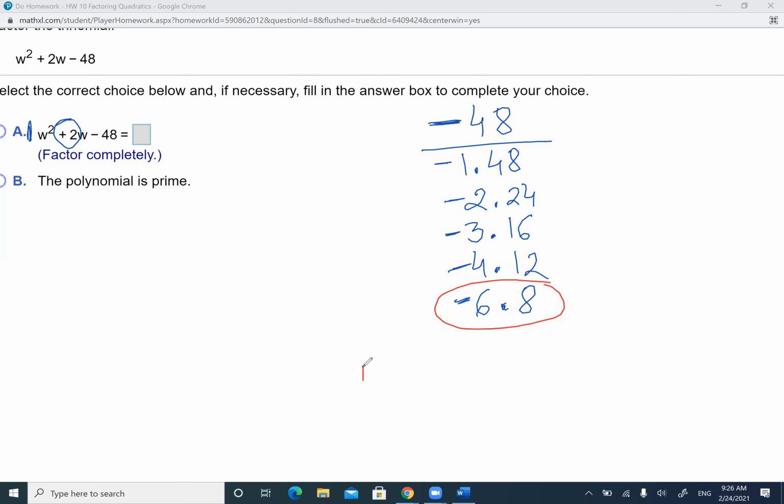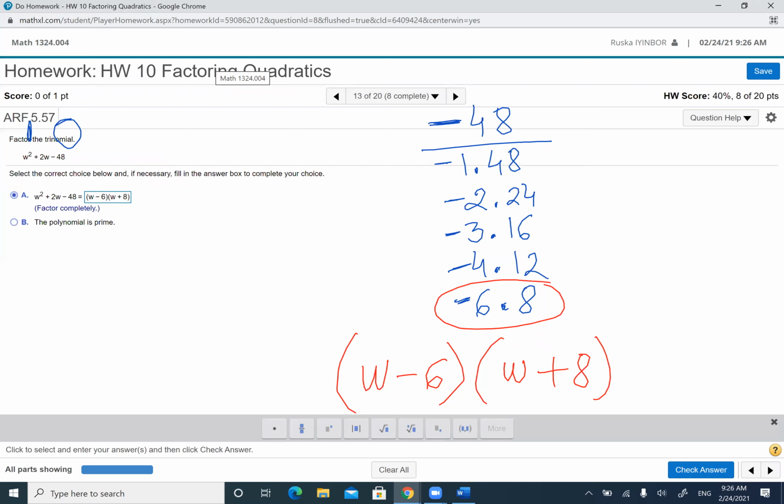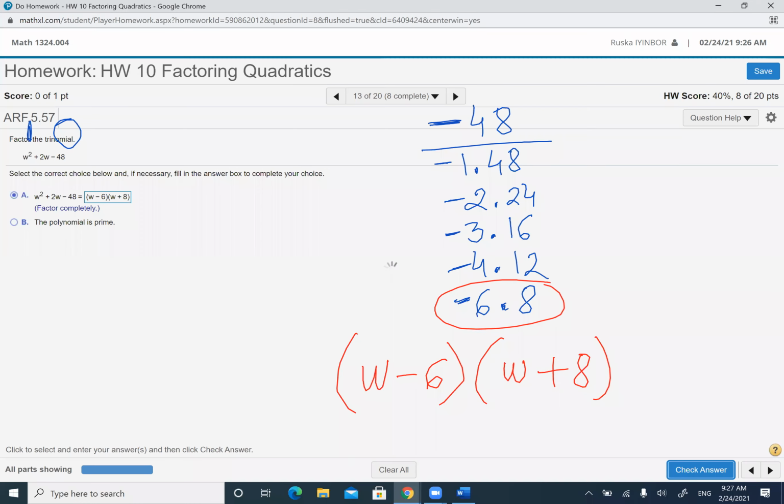So it's going to be W minus 6 and W plus 8. And this is how you factor completely. Okay, so I'm going to put it like that. W minus 6 and then W plus 8. Okay, so that's how you do that. Any questions?